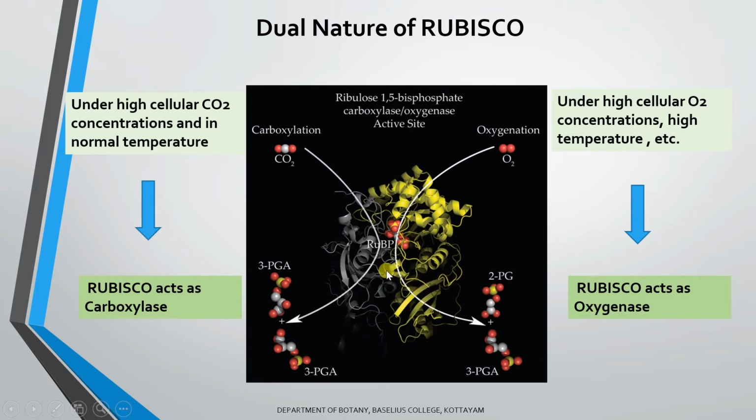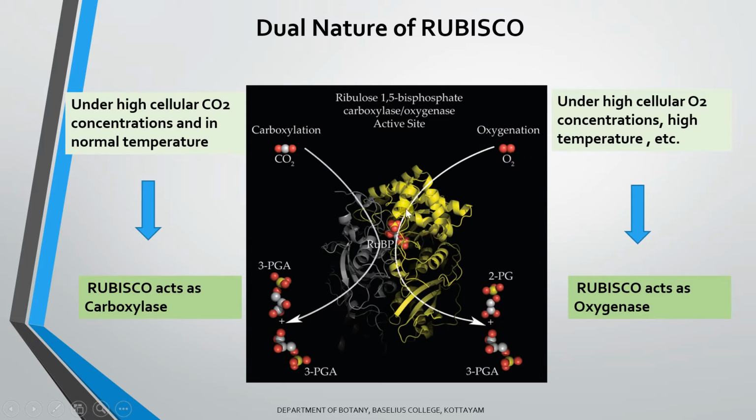But in some situations, that means under high cellular oxygen concentrations, high temperature, etc., Rubisco shows a changed affinity towards oxygen.